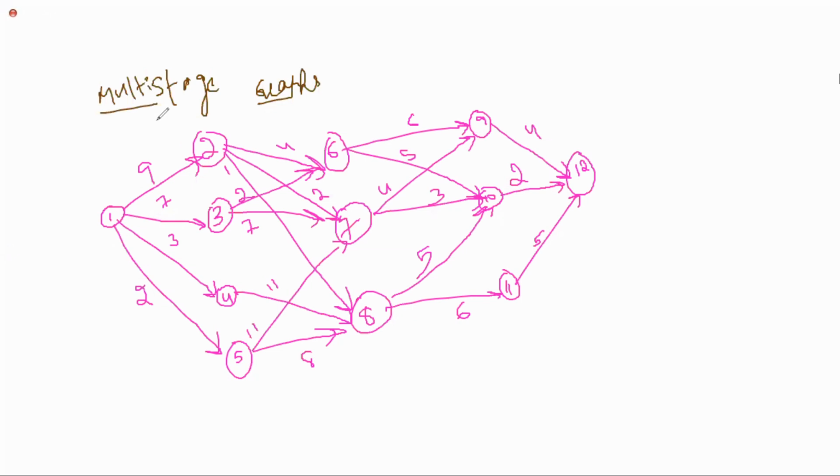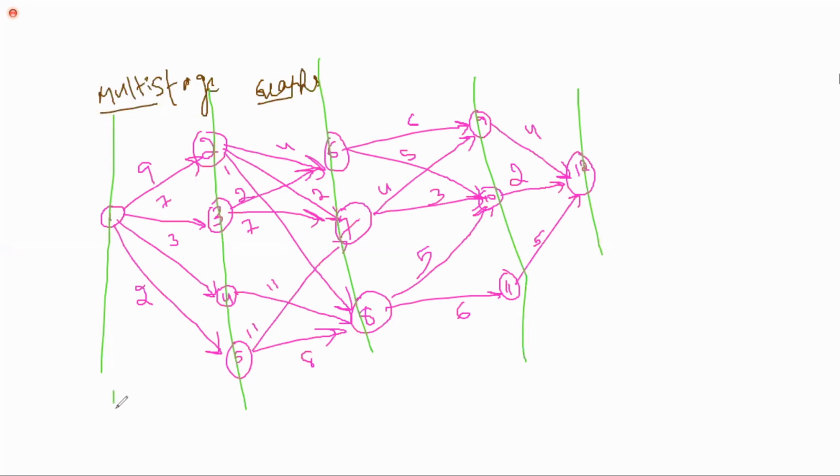Why they have given the name multi-stage graph: the main problem is we have to find the shortest path from the starting vertex, that is 1, to 12. Why multi-stage? Here we solve the graph using stages. This is the first stage, this the second stage, this the third stage, fourth stage, and fifth stage.